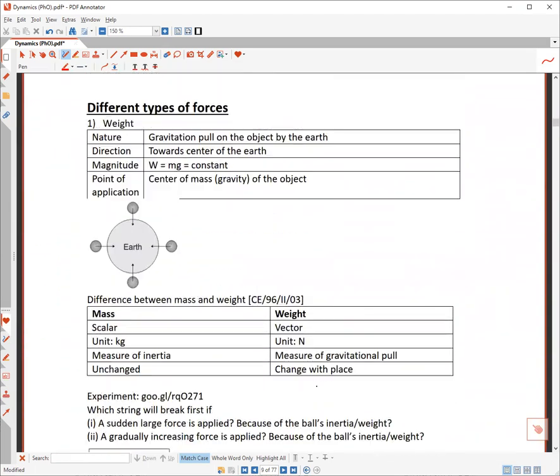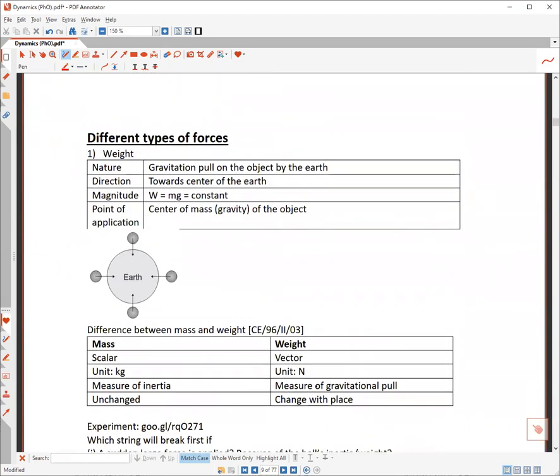There are different classifications of forces. I think in your Form 2 IS, you just classify them as contact force and non-contact force. A contact force is a force that exists when two objects are in contact. One of the very common examples is friction. If the two objects are not in contact, there's no friction.